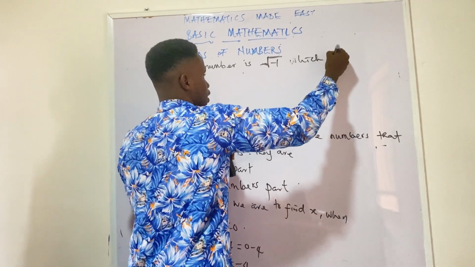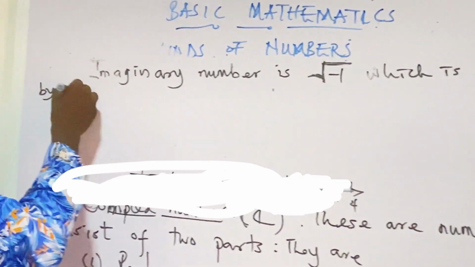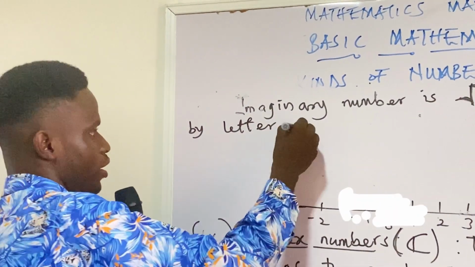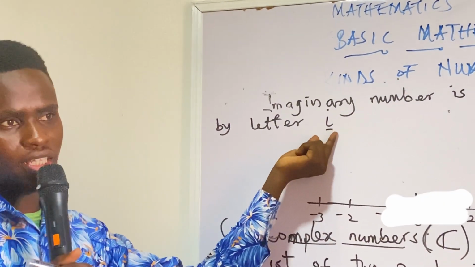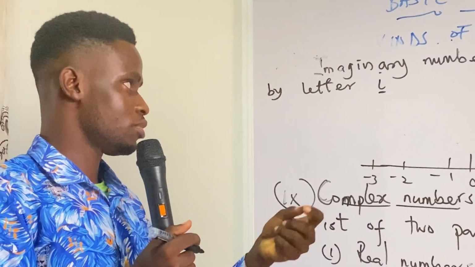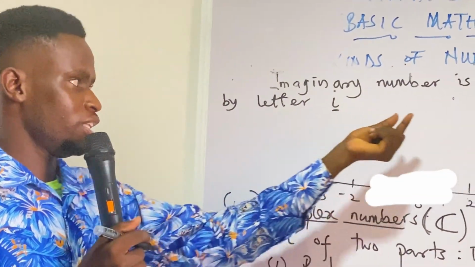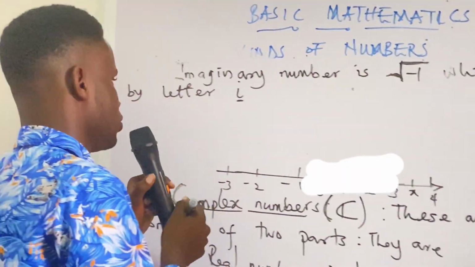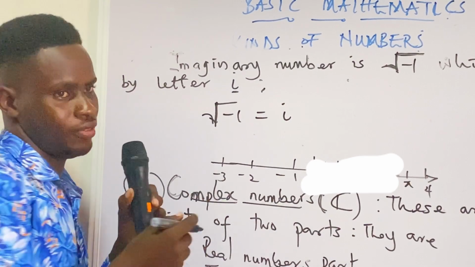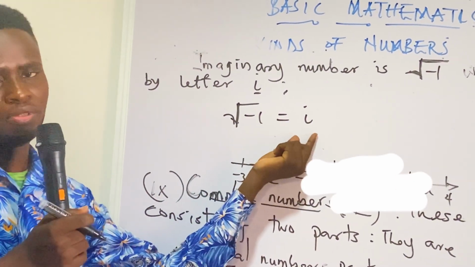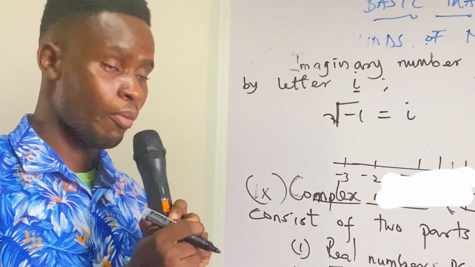So it's always denoted by the letter i. In some cases you can use j for it when you get to some levels. So they are still the same thing. Once it is referred to as an imaginary root, you should know that it is referring to square root of -1. So square root of -1 is written as i, and we call it an imaginary number, or in some cases you can say imaginary root.